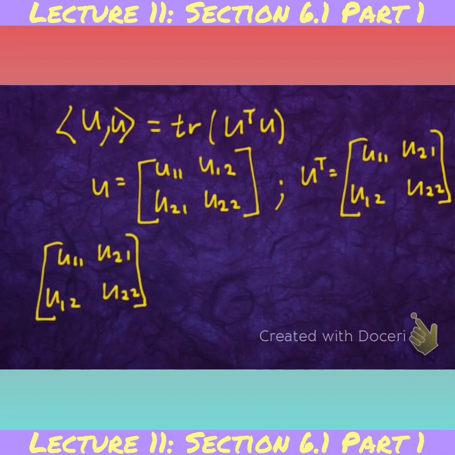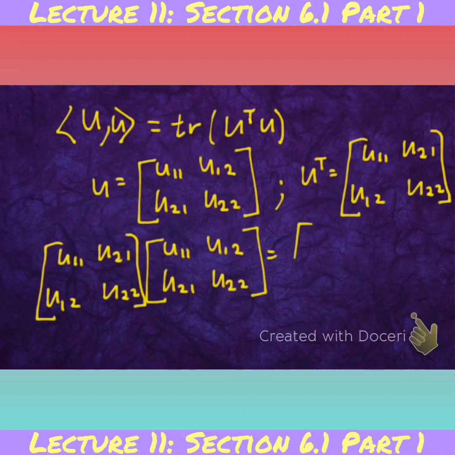So we take U's transpose with U, and again that is not difficult to do, so working that out we get that that's equal to, we're interested in only the entries on the diagonal because that is what the trace is going to be.